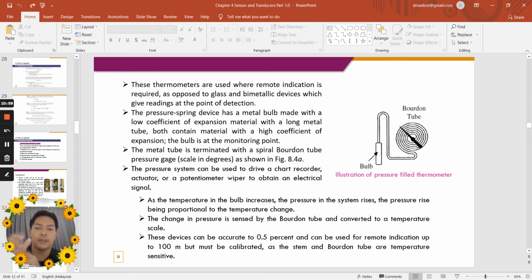The change in pressure is sensed by the Bourdon tube, which is in the form of a spiral, and converted to a temperature scale. This device can be accurate to 0.5% and can be used for remote indication up to 100 meters, but must be calibrated as the system and the Bourdon tube are both temperature sensitive. So you need to calibrate it first before it can be used.